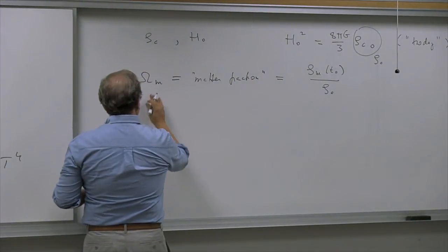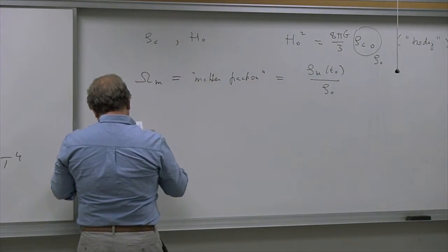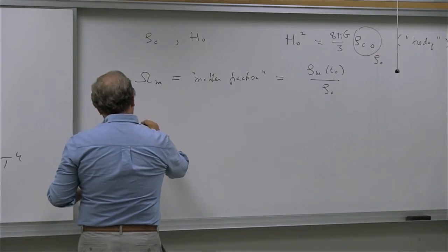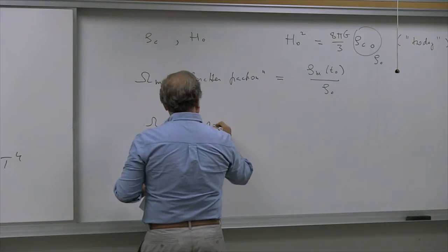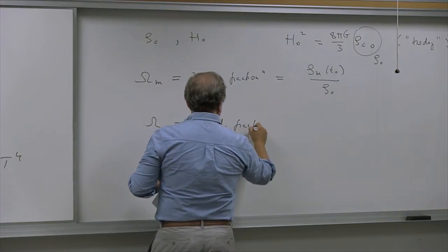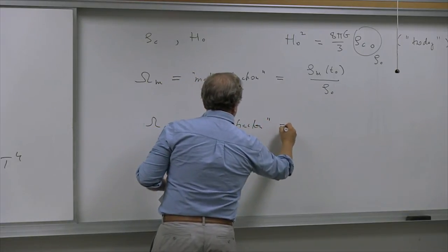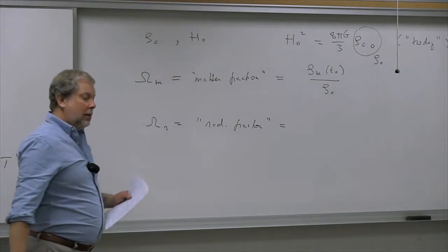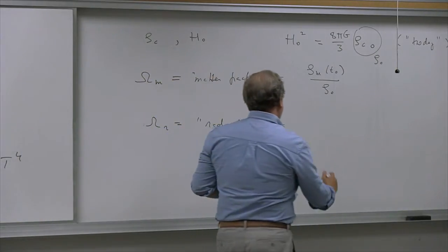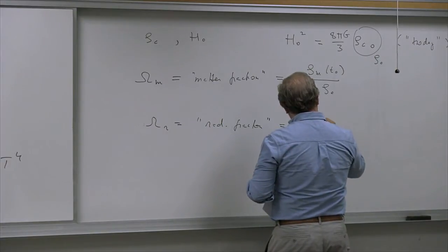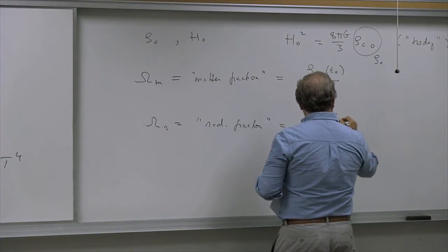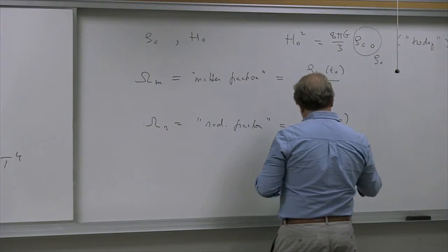So omega m is the matter fraction, and then we have the radiation fraction, omega r. That is defined along the same lines. It's going to be the density of radiation, rho r of today, of T naught, divided by rho naught.